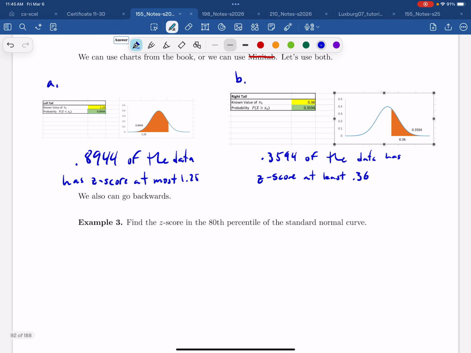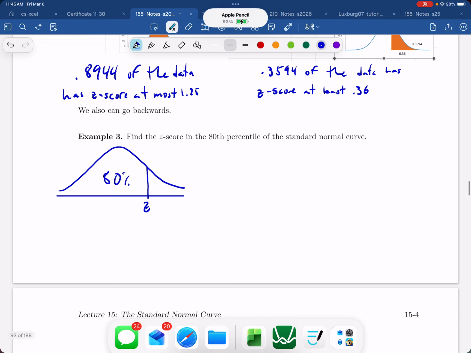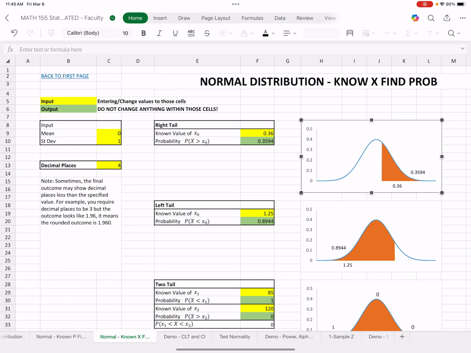Now we can also go backwards, right? We could also say find the z-score in the 80th percentile of the standard normal curve. So what that means is we're looking for the z-score that corresponds to this. Right, there's our z-score that's unknown, and we want this to be 80%. So what we do is we just go to Excel.